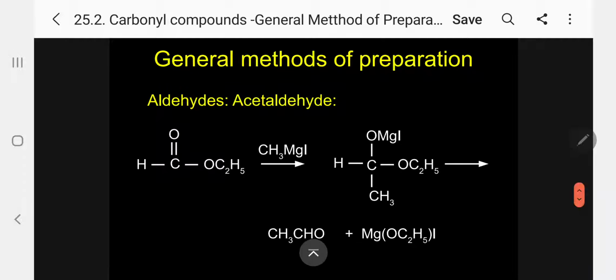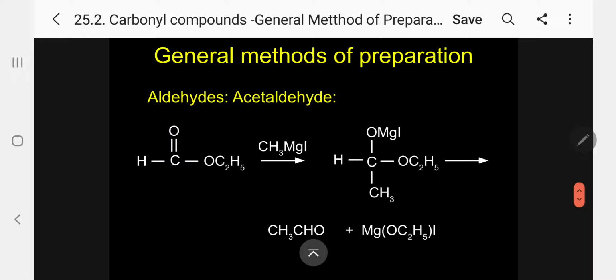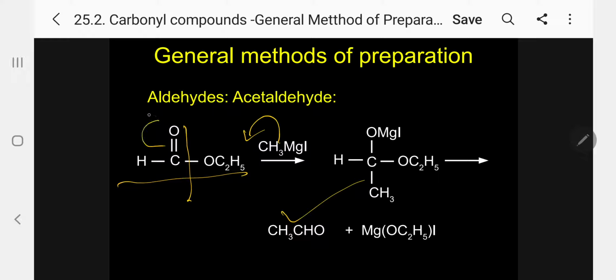Let me go for the next one. I want acetaldehyde. Because from the formate I have the aldehyde group, what I am taking is ethyl formate. Kindly follow. Ethyl formate on reaction with methyl magnesium iodide undergoes an addition reaction. So this is plus, this is minus. Again added here.